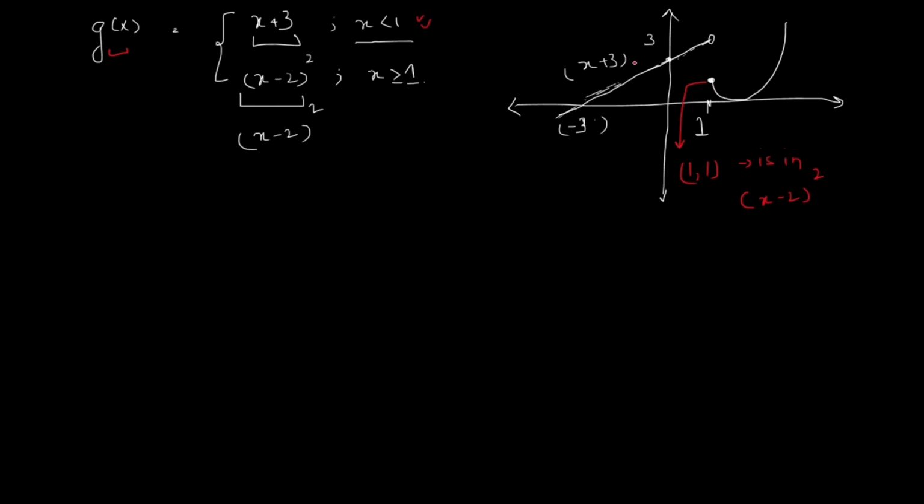It doesn't come in the x plus 3 equation because that condition says x is less than 1, while here it includes 1, greater than or equal to 1. So that is why this point is included in this curve rather than that one. So this is the combined graph for these two sub functions of g of x.